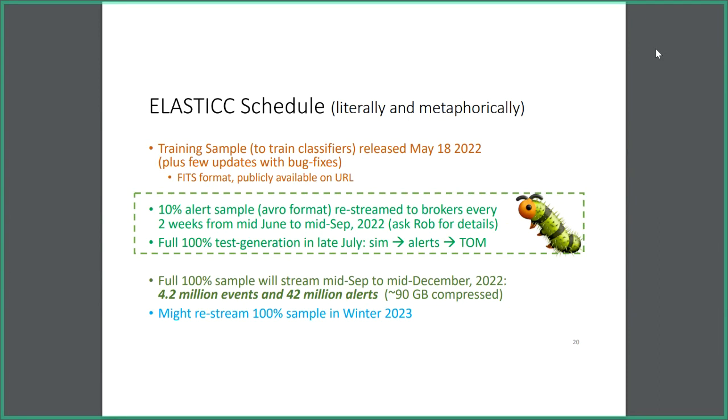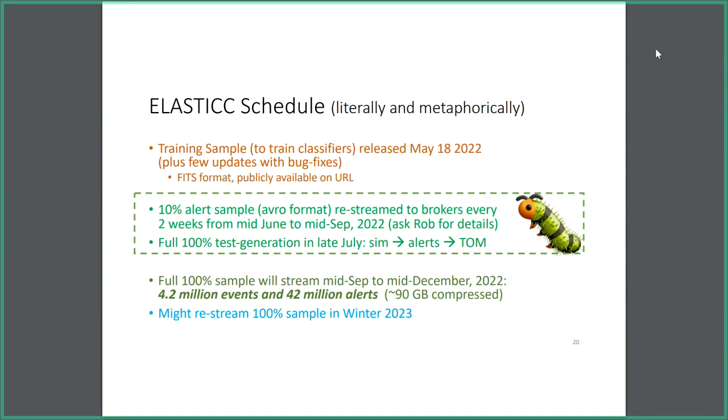So the idea is in mid-September, we plan to start streaming the full 100% sample. And that will continue essentially until Christmas, mid-December this year. There will be a little over 4 million events and more than 40 million alerts streamed over that time.